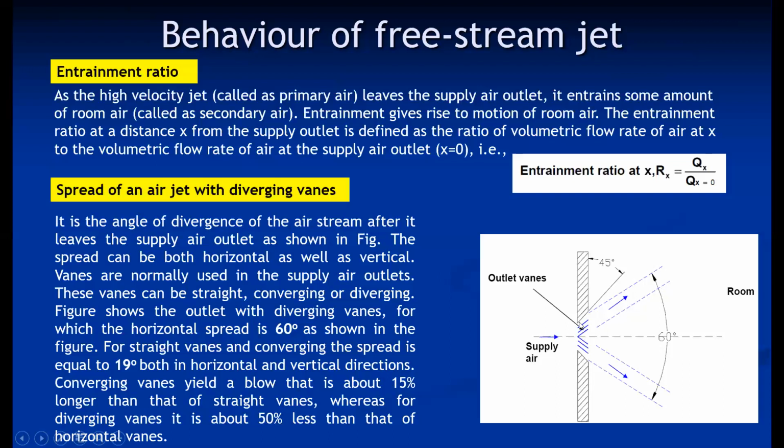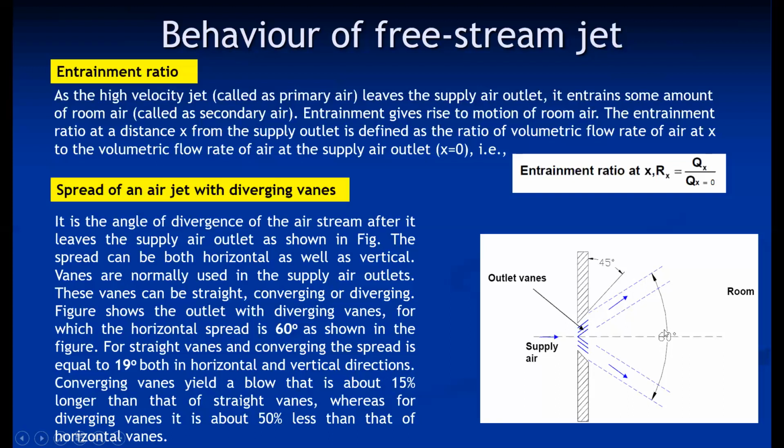Generally, diverging vanes are recommended, because even though they give a very small throw, they definitely cover a lot of area. In this case the horizontal spread is a divergent cone, and the spread angle is 60 degrees in the figure.